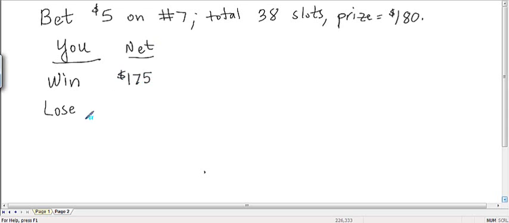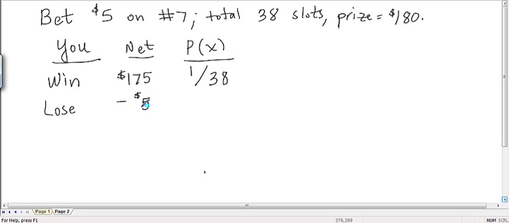Now, how often is that going to happen? Well, there's only one way that can happen, and that is if the wheel lands on number 7 out of a total of 38. So there's a 1 in 38 chance that you will win. If you lose, then you lose the $5 that you bet, so the net is negative $5.